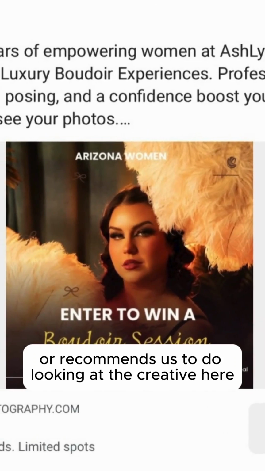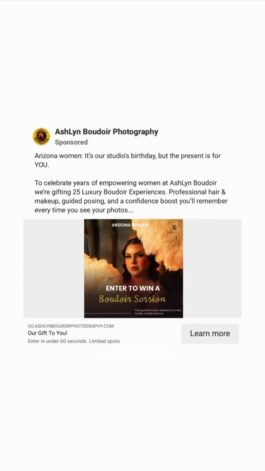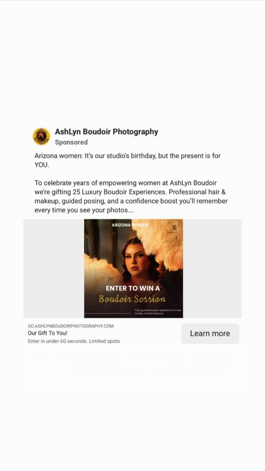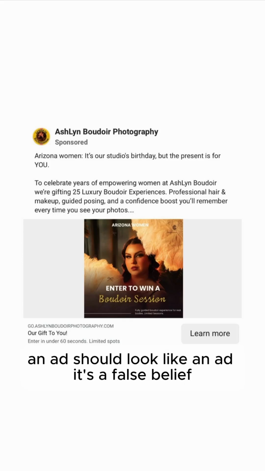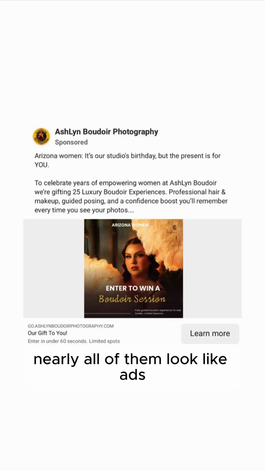Looking at the creative here, we got what looks like an ad mistake. The false belief that causes us to make this mistake is we believe that an ad should look like an ad. It's a false belief. And that's because all the other Facebook ads we've seen, nearly all of them look like ads.